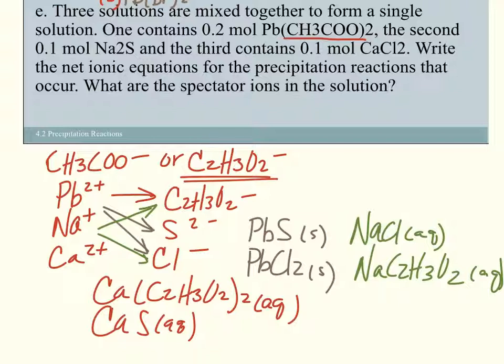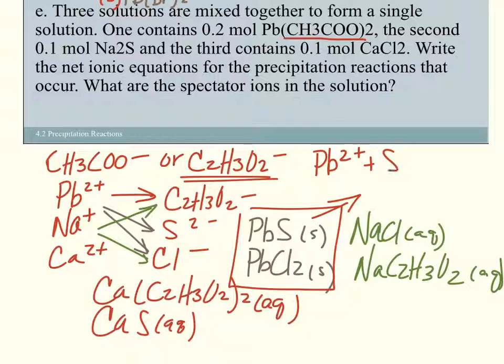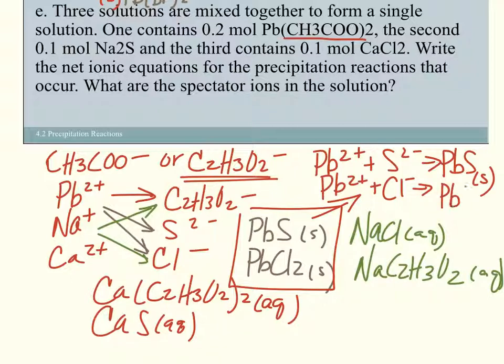So the only two that formed solids were these two. So the net ionic equation for that would simply be Pb2 plus S2 minus yields PbS solid, and Pb2 plus Cl minus yields PbCl2 solid.